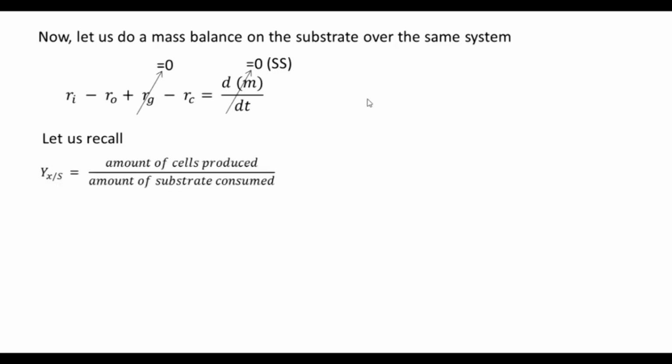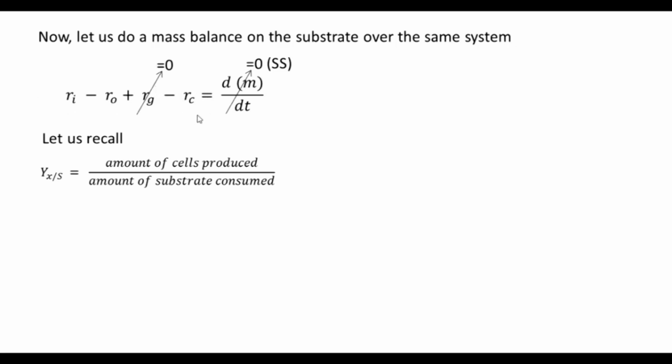Let us recall that Yx/s is the amount of cells produced divided by the amount of substrate consumed. Why are we doing this? This and this are straightforward. The input rate we can write in terms of the flow rate and the substrate concentration in the feed. This is the flow rate and the substrate concentration at the outlet.